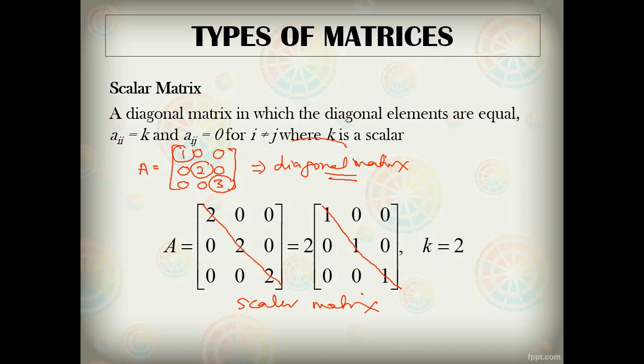This is diagonal matrix because all the elements at the bottom part and the upper part here are 0, so you only have the elements of the diagonal part.